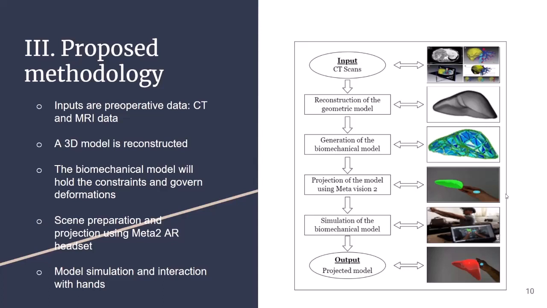Then we pass on to reconstruction of our geometric model, and from that geometric model we'll be generating a biomechanical model, and then we will project this biomechanical model into 3D AR space and define the algorithm needed for adding interaction to this model. Finally, we will simulate our biomechanical model and interaction with it, and the output should be an interactive 3D biomechanical model.